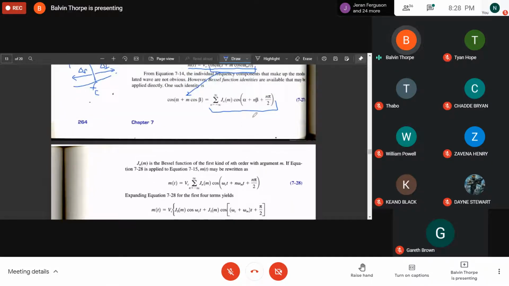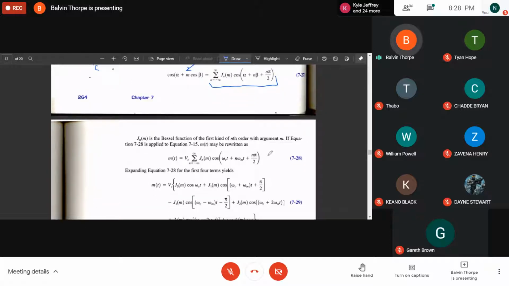So you notice that this says n pi over 2. If n is even, this value changes. And if n is odd, the value again changes, right? So half a pi is different from pi. That's what this is saying.